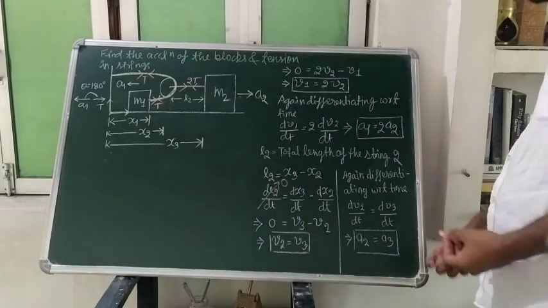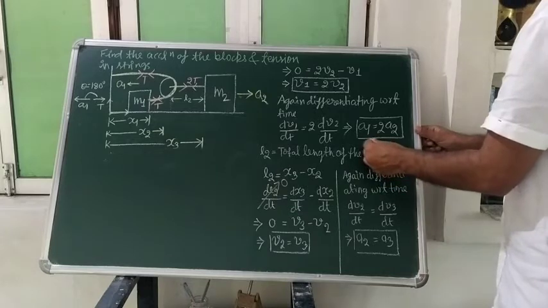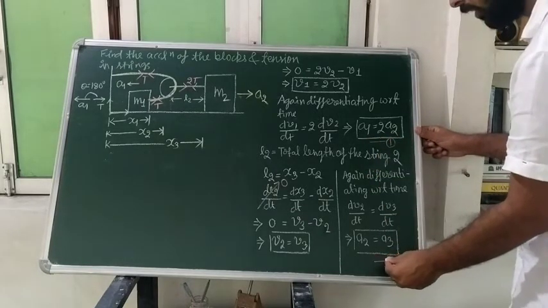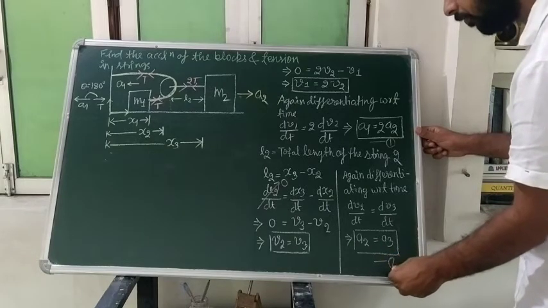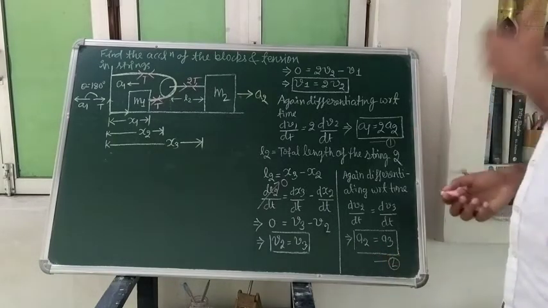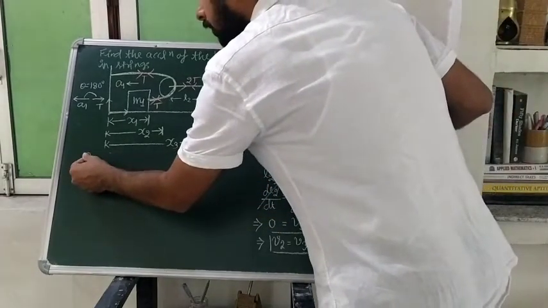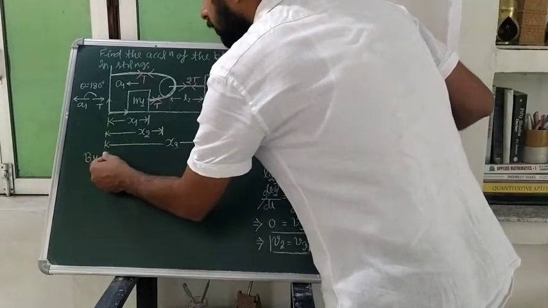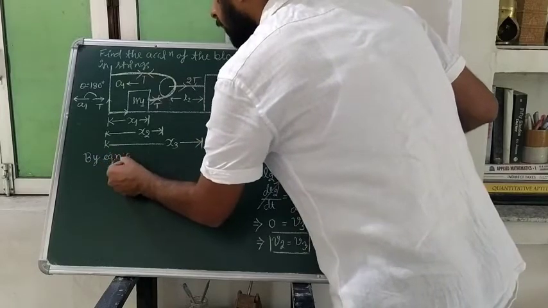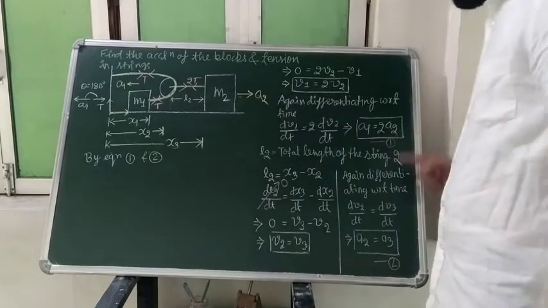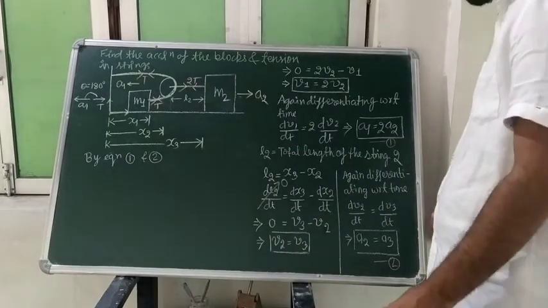So we have got these two equations. Suppose I am saying this as our equation number 1, this one as our equation number 2. So students, by equation 1 and 2, what can we say?